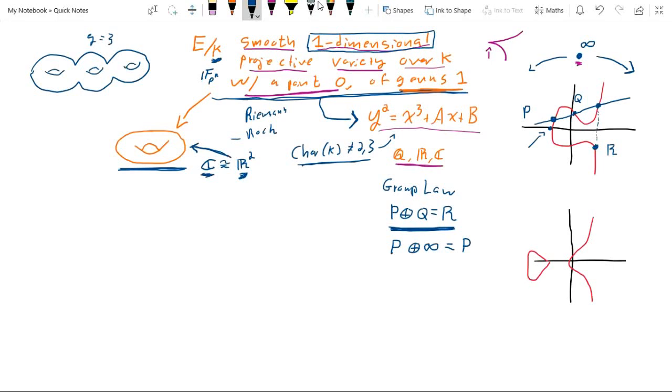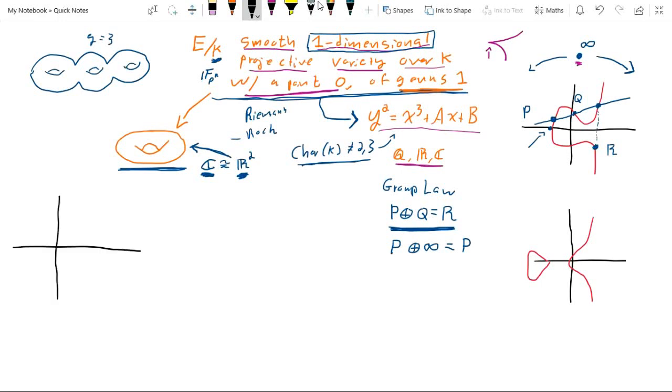But from the perspective of the complex numbers, it's only one-dimensional, because we just have one copy of the complex numbers, and over here we have two copies of the real numbers. So even though we like to draw this as a surface, from the perspective of the complex numbers, this is still something which is one-dimensional.